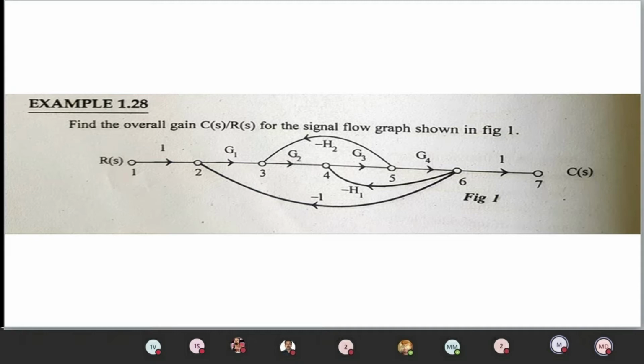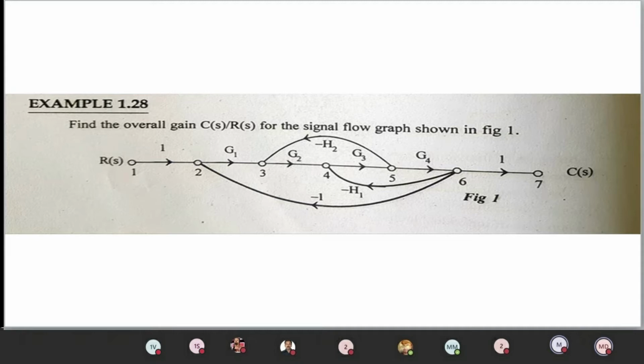Now let us check the number of individual loop gains. What do you mean by an individual loop? If a loop starts at one particular node and ends at the same node, it can touch other nodes only once. The important rule is it must start at a particular node and end at the same node. It can travel anywhere, but only once.